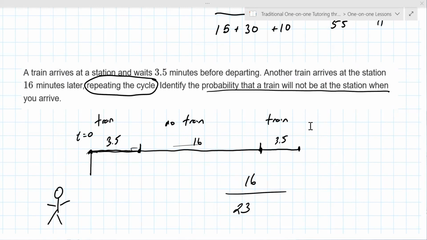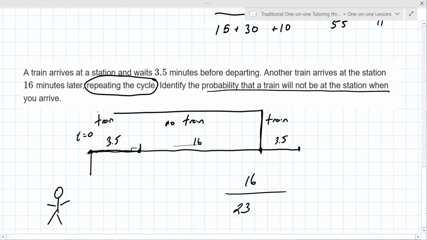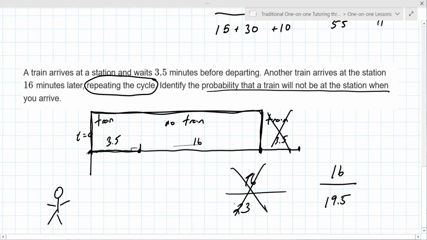So none of the answers match. Well, what are the answers? I think it's excluding this part. So I think it's 16 over 19.5. Okay, so let me put that in. 0.82. Okay, I think that's what it is.